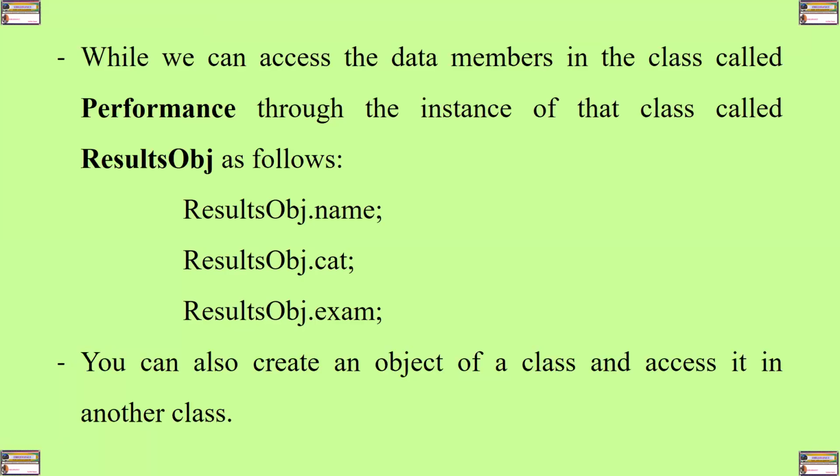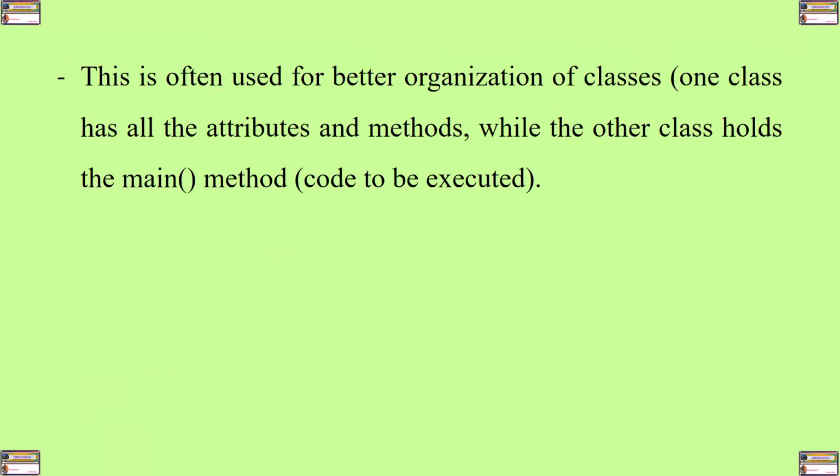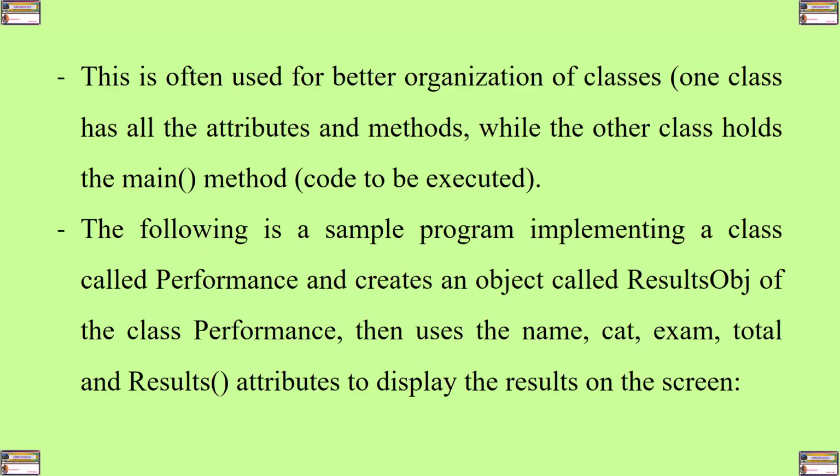This is often used for better organization of classes, where one class has all the attributes and methods, and the other class holds the main method that is going to be executed.